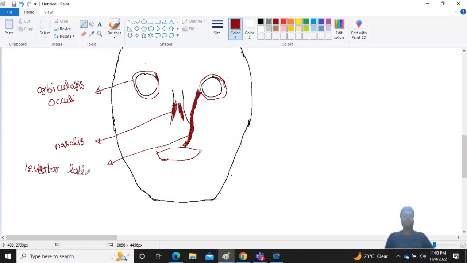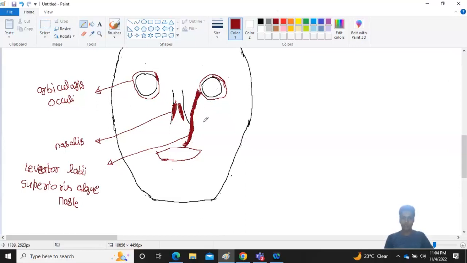Labii for lips, superioris because it elevates the lips. Alaeque nasi means it lifts the nose too. Done. This is the whole big muscle.